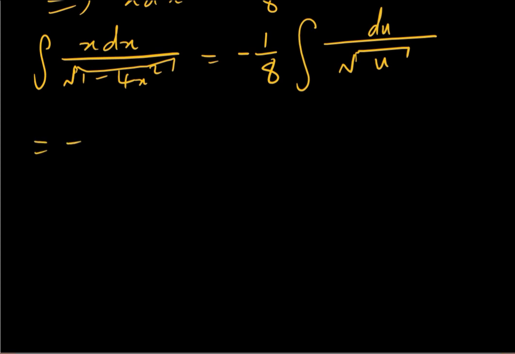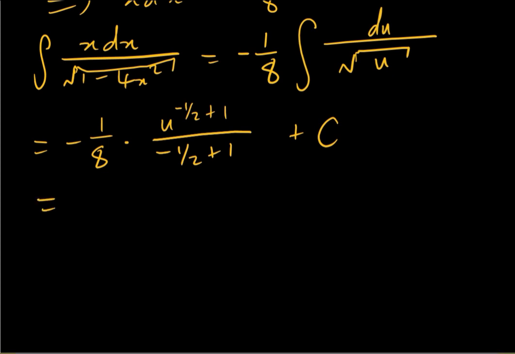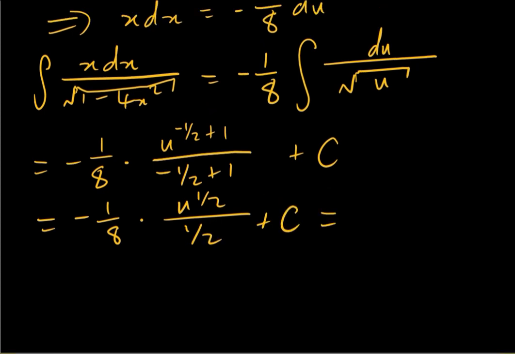So this is just negative 1 over 8 times u to the power of minus a half plus 1 over minus a half plus 1 plus c, and this is negative 1 over 8 times u to the power half over half plus c, and this is equal to negative a quarter, I'm just simplifying, square root of u plus c.